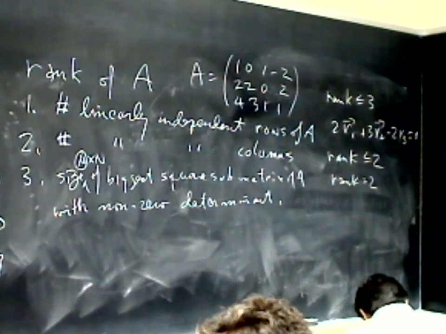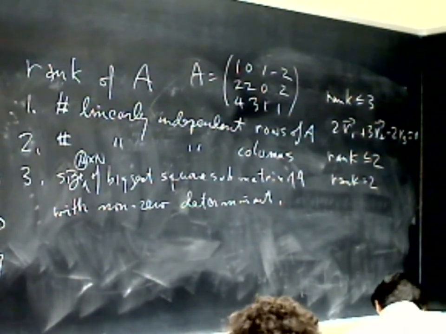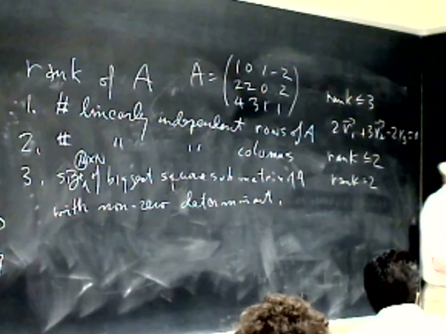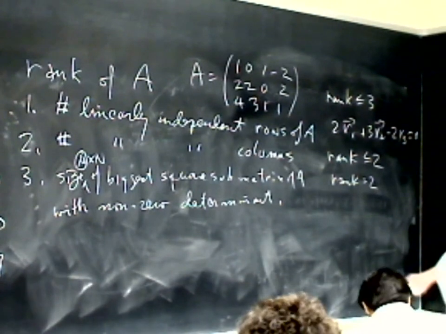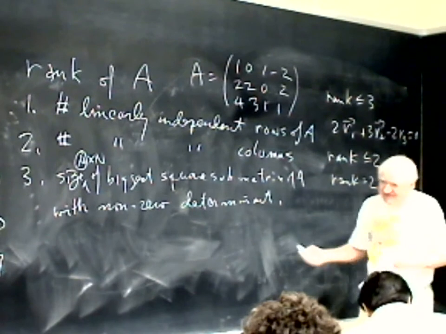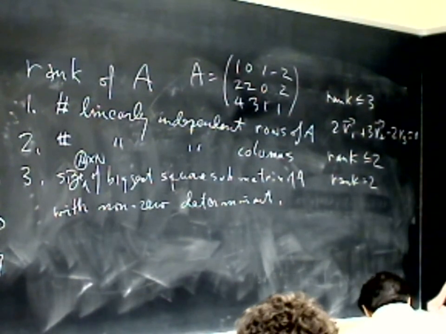Why would you write over rank of the matrix? Why? I mean, what is that? Well, okay, good question. The rank of the matrix tells you how many linearly independent rows and columns you've got. And that's relevant, right?